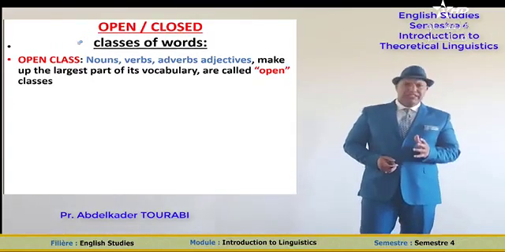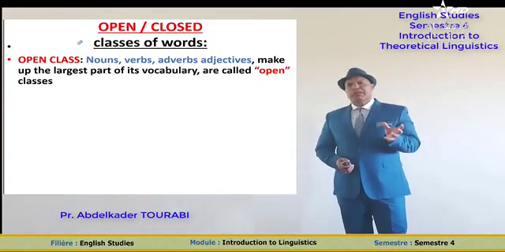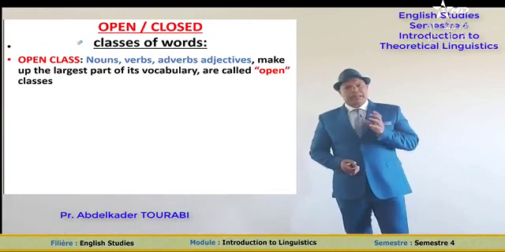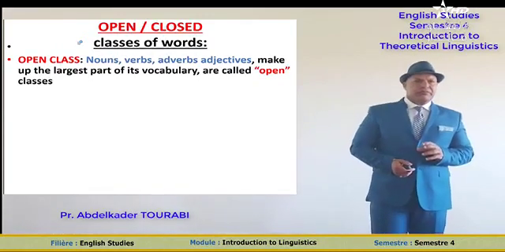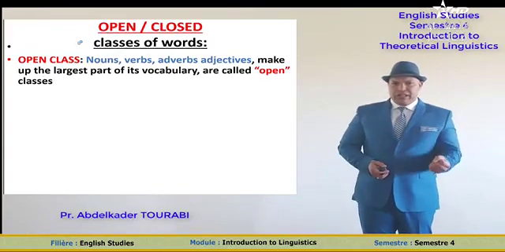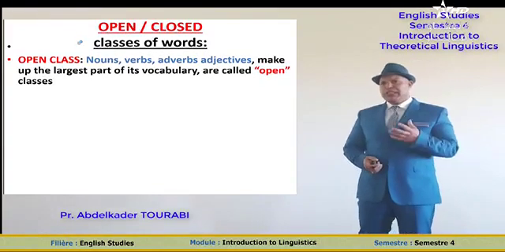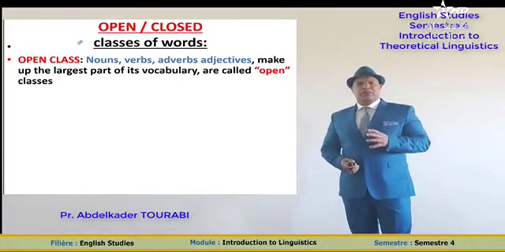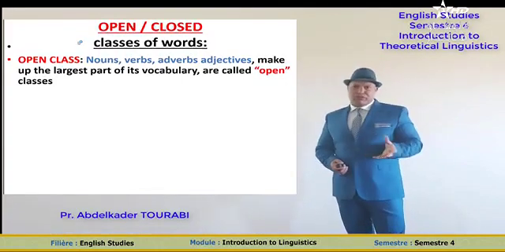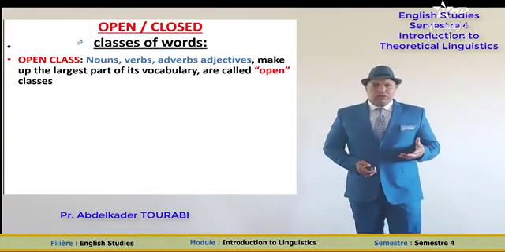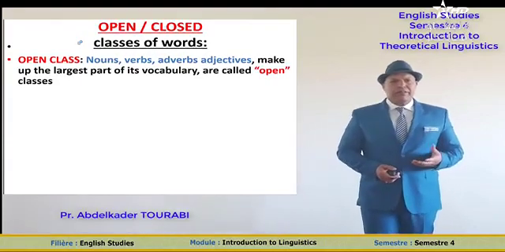We have first to make a distinction between what we mean by open class of words and closed class of words. Open classes, which are nouns, verbs, adverbs, adjectives, make up the largest part of the vocabulary of the language, and they are called open classes. Why?